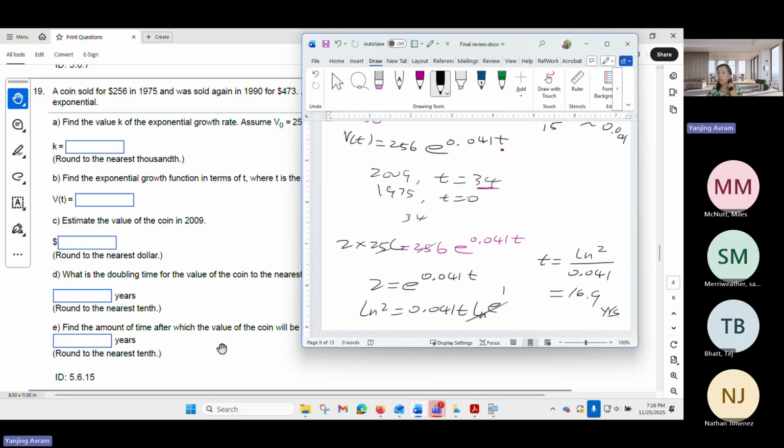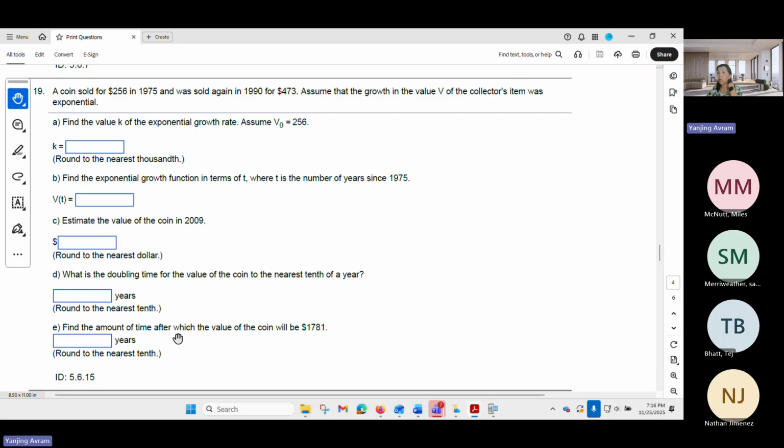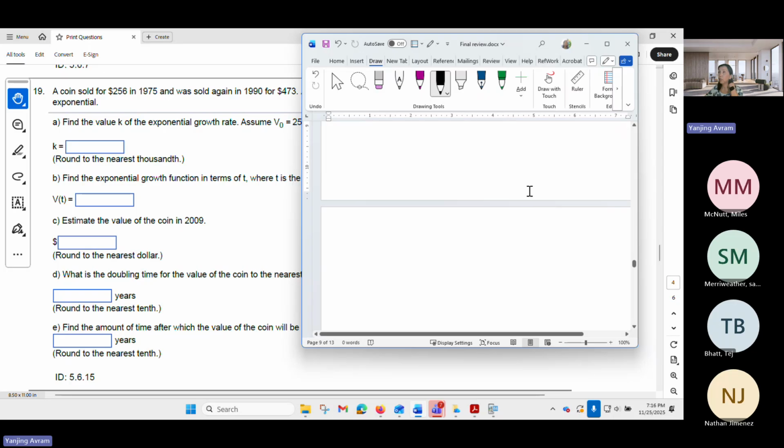All right. And find the amount of time at which the value of the coin will be 1781. So how do you do this one right here? This one, that means I will need to find 1781 equal to 256 e to the 0.041 t. Okay, so you need to calculate this t. All right. So how do you calculate t?